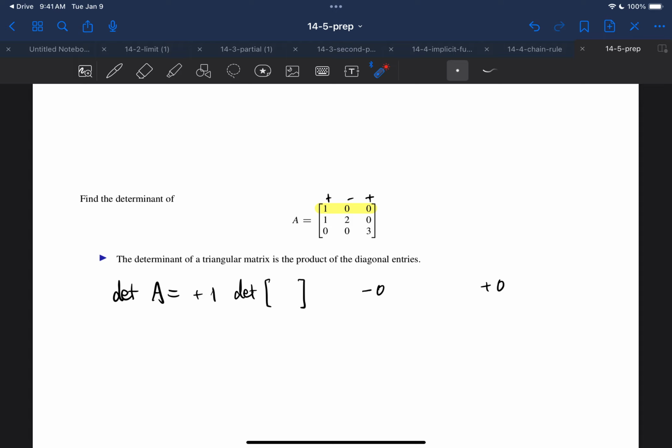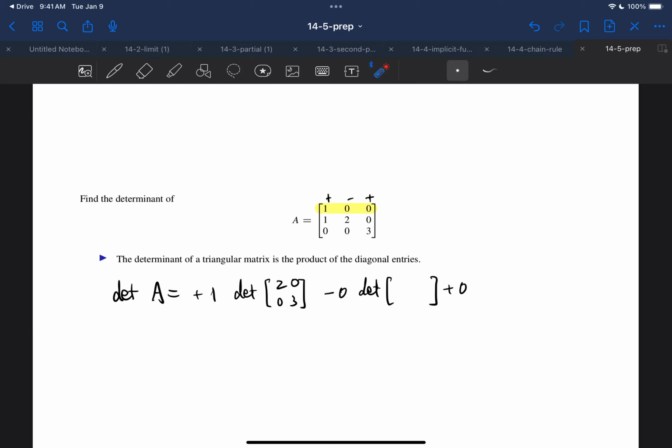The minor for this one is going to be given by 2003. And 0 times its minor, which is the determinant of 4 numbers. When you have 0 coming from here, then you delete this row and this column.